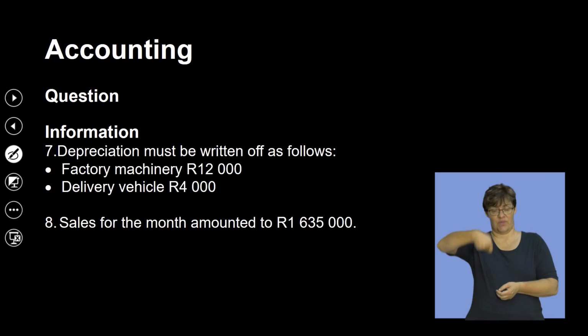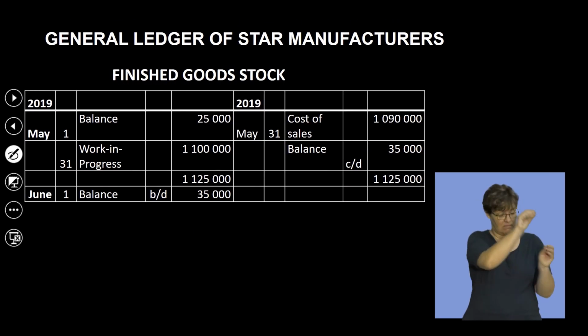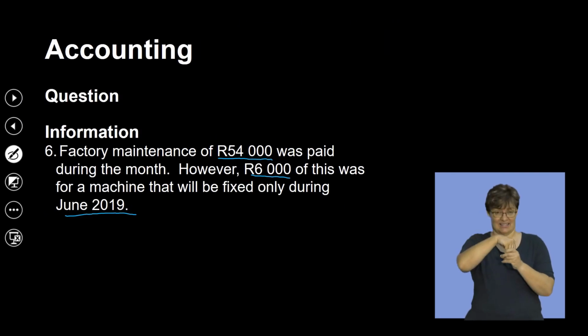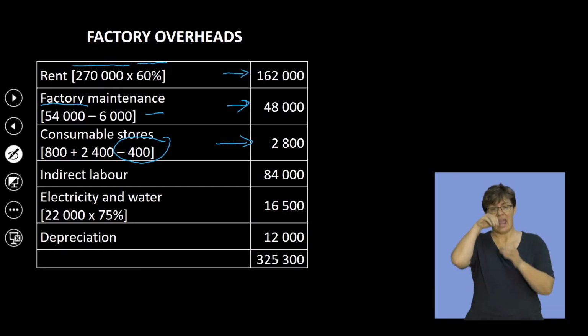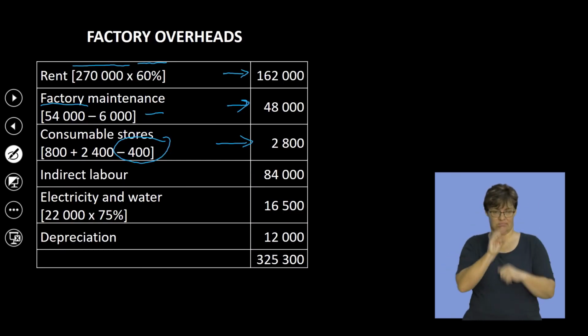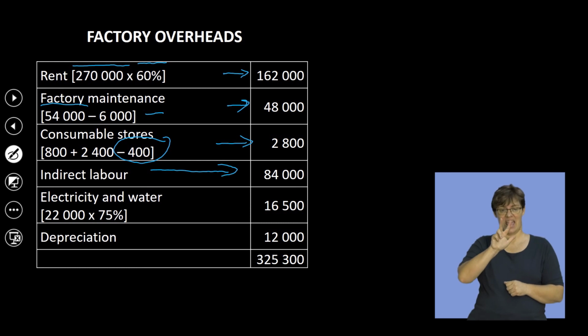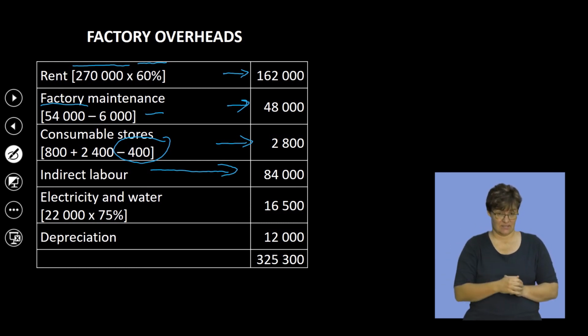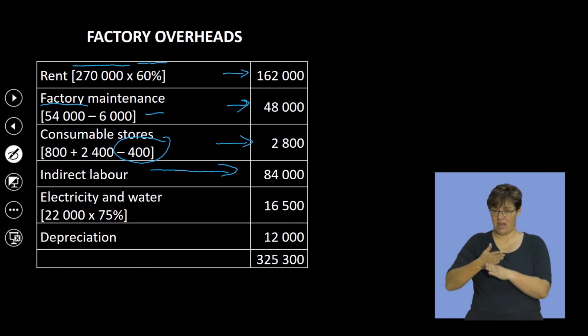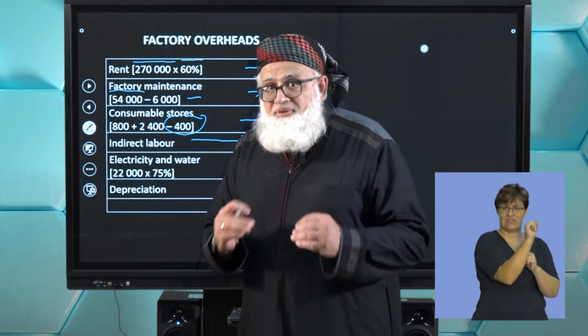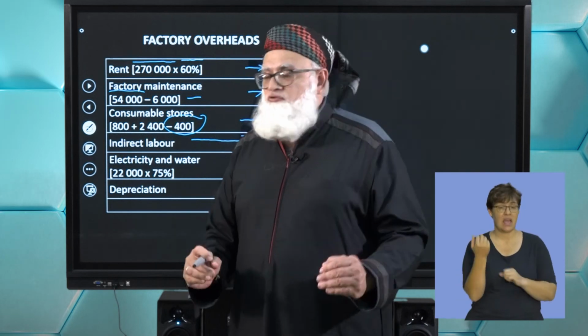This therefore means we have to bring in that component, which is the indirect labor, into my calculation. There's the 84,000 rand. Clear? So indirect labor, as it affects the factory, would appear under factory overheads.